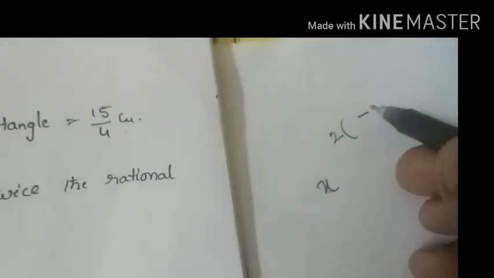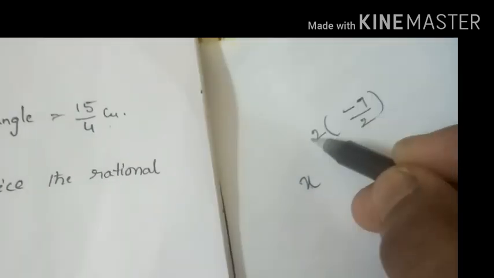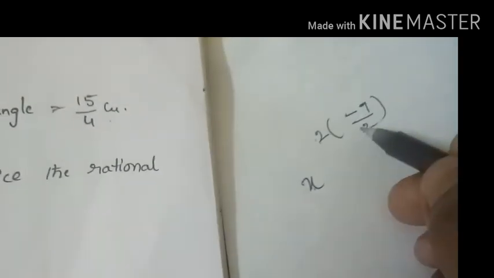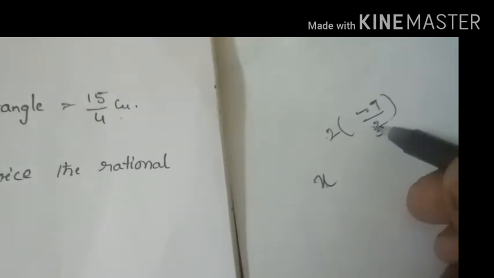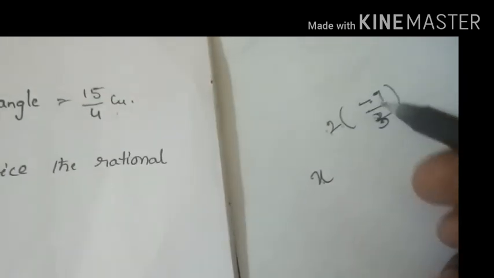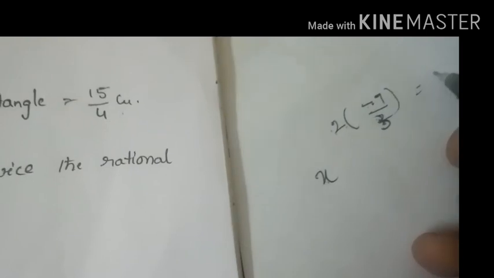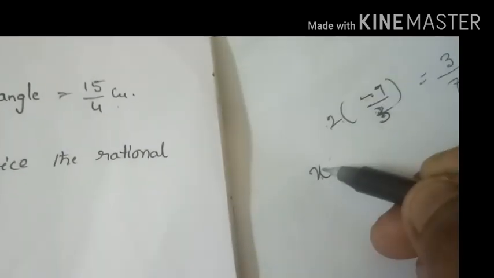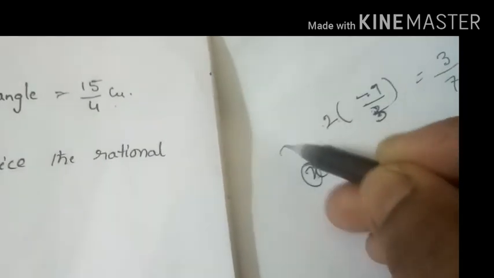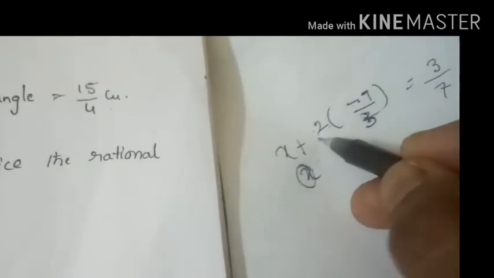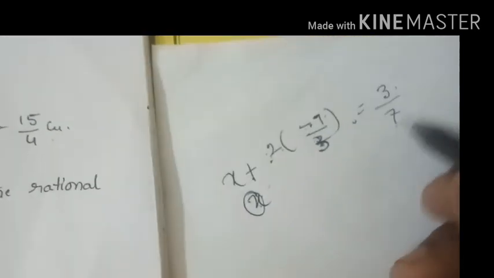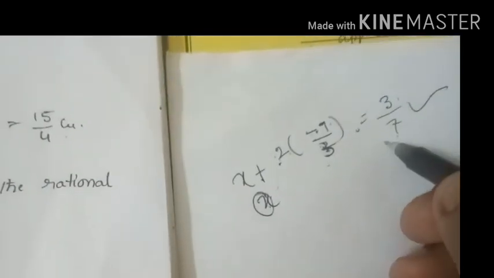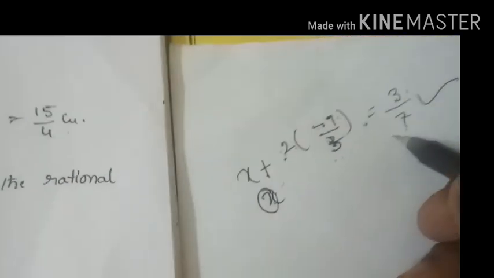Twice means 2 times of a number. Then you get 3 by 7. So x plus 2 times of minus 7 by 3 is equal to 3 by 7. So in this way we have to frame the equation.